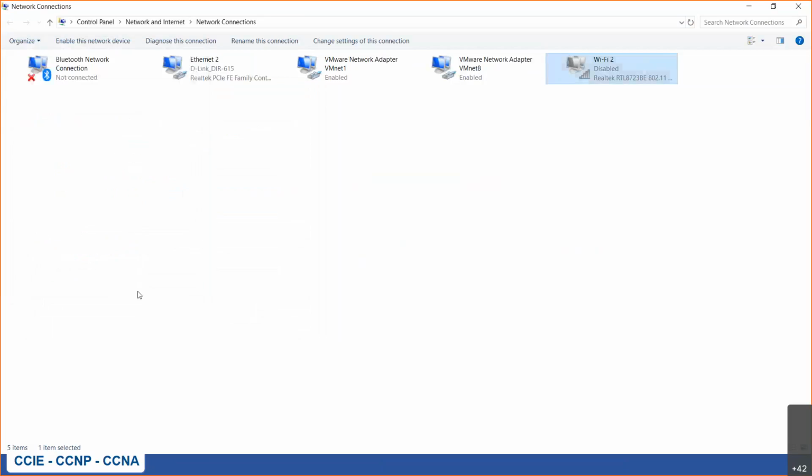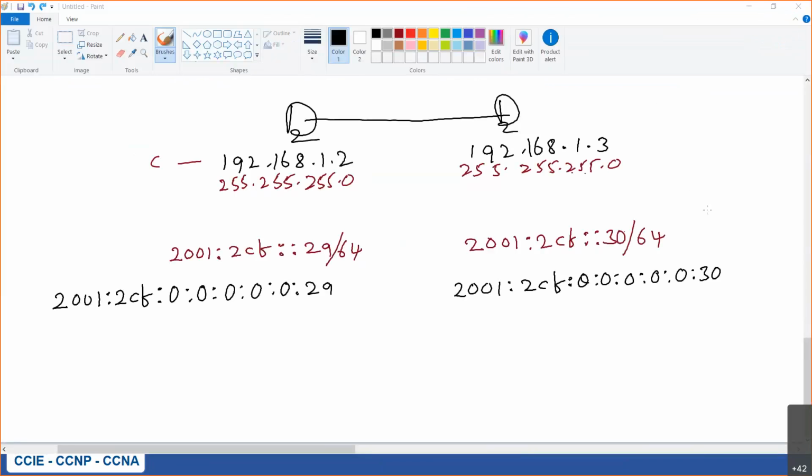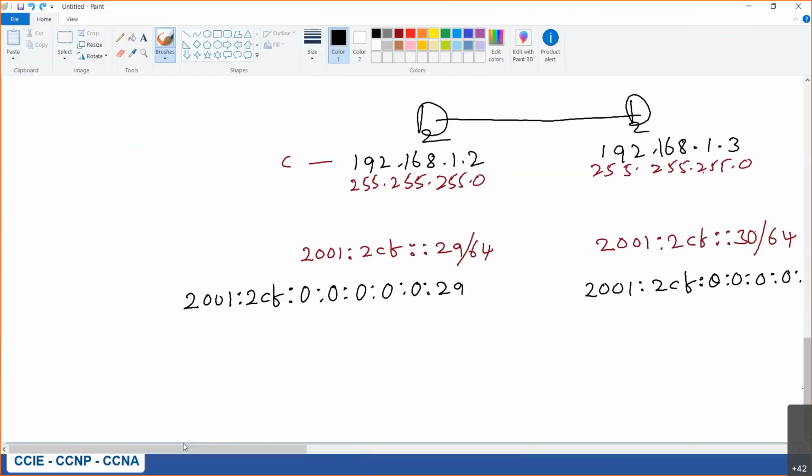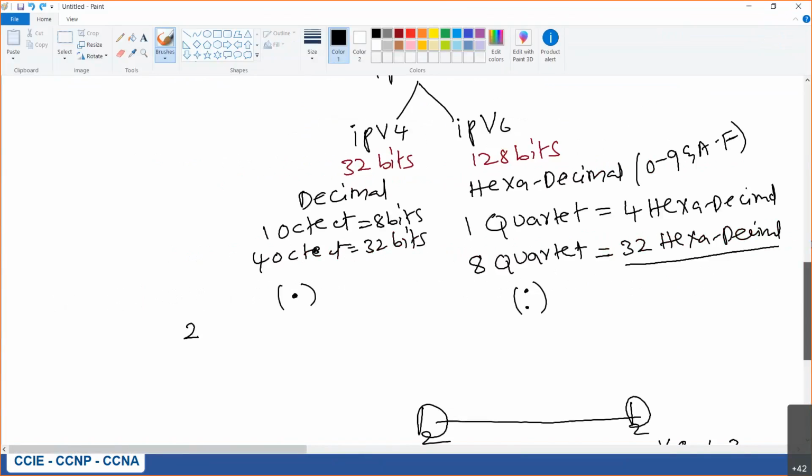Like this we can assign an IPv6 address also. Clear? So this is all about IPv6.